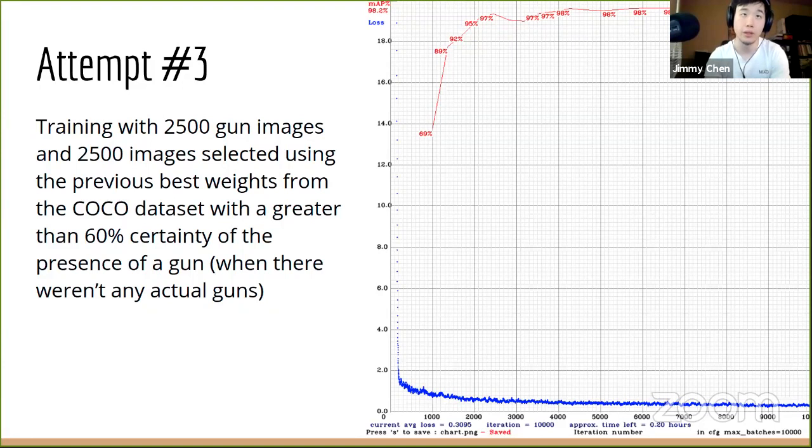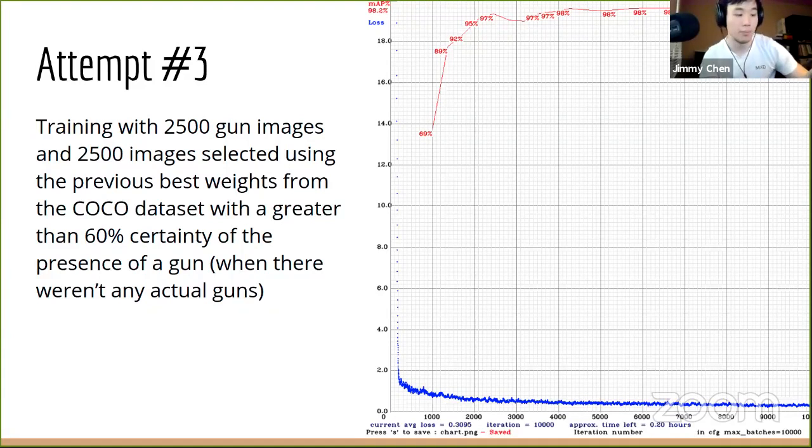We trained with those images instead of the previous random COCO images, targeting images that the model would be more likely to think were guns, along with the original 2,700 or so gun images. You can see that we achieved much better results. This 98% mean average precision was run on a data set of half gun images and half images that were mined using the previous model.